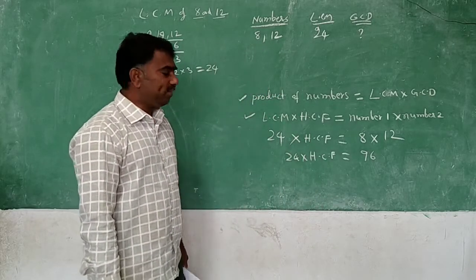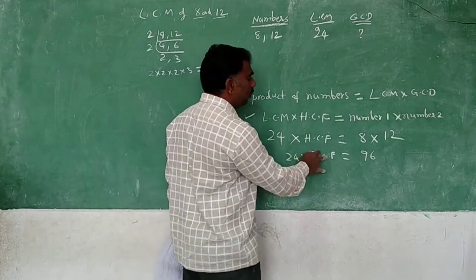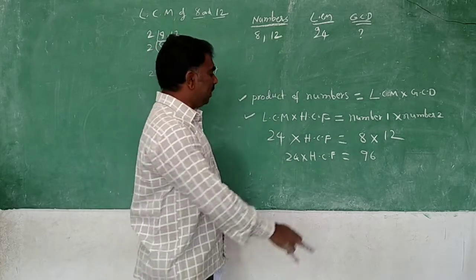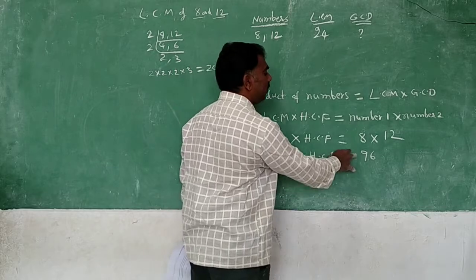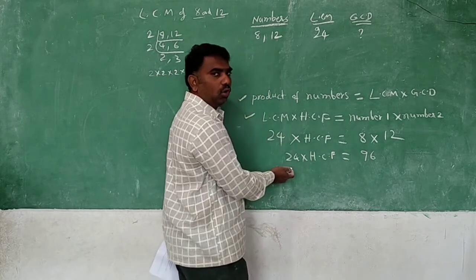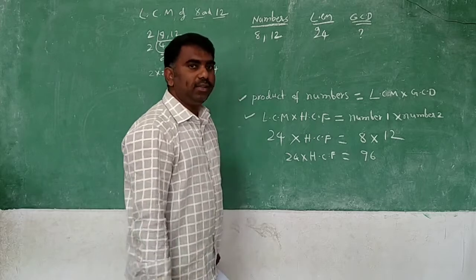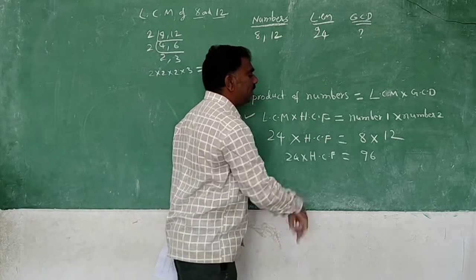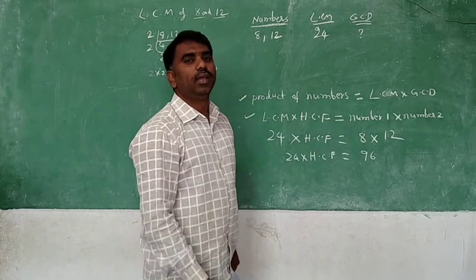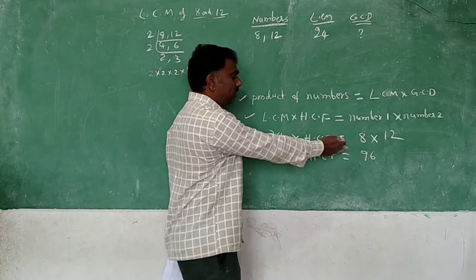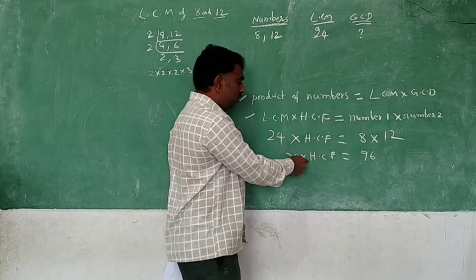Now you need to guess: 24 how many times will be 96? Meaning, 24 into how much will become 96? In the 24 table, when will 96 come? 24 ones, or 24 twos, or 24 threes?